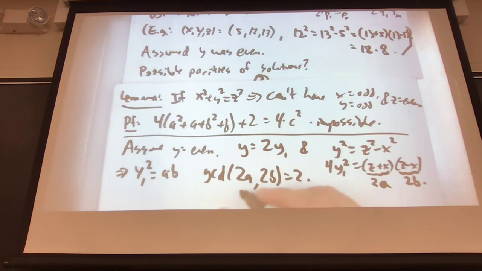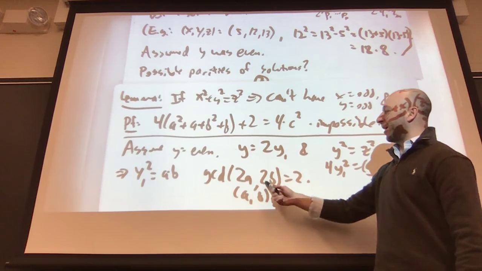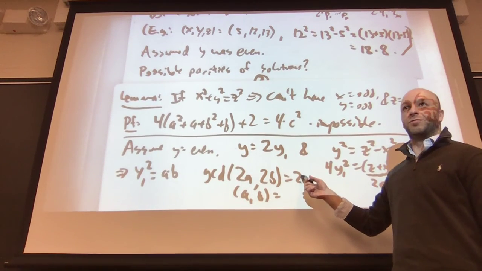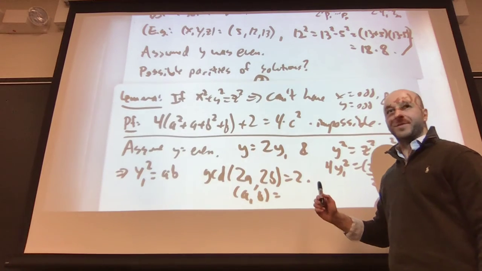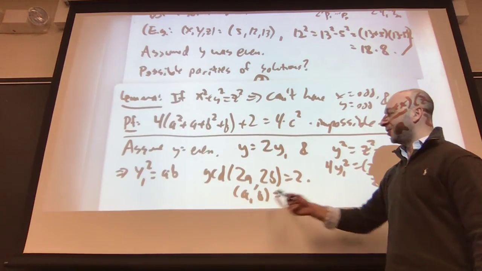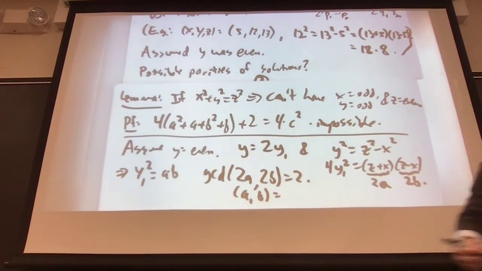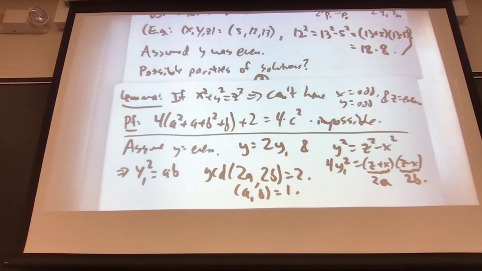So the greatest common divisor of a and b is, I have an even number and another even number, and the greatest common factor of them is just the number 2, not 4, there's no other primes in common. So if I divide out by that common factor 2, what common factors do I have left? One. Nothing. I have 1 left. Exactly. Everybody see that?